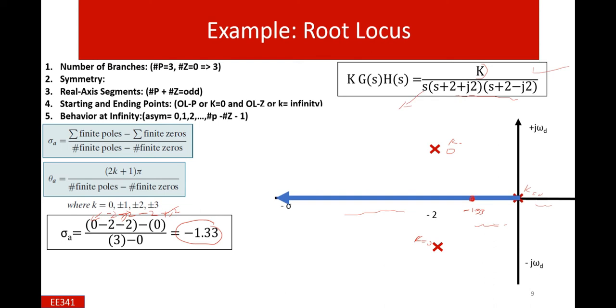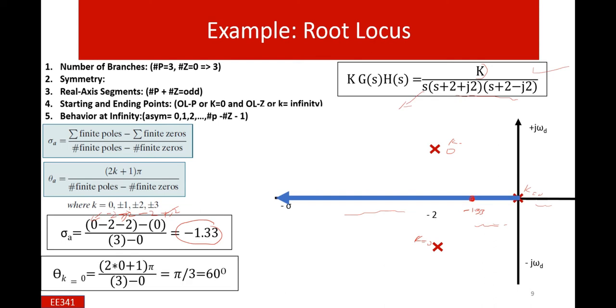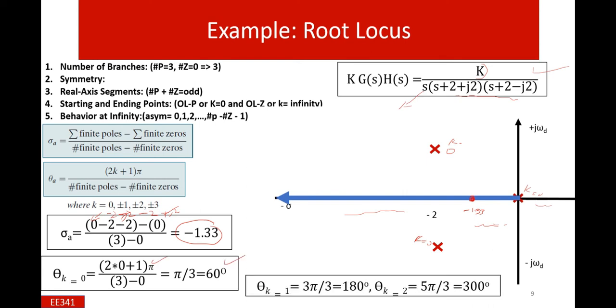And what are the angles? For k, k varies from 0 to 1 and 2. There are 3 values of k. So for k equal to 0 the angle is pi divided by 3, so the angle is 60 degrees, and for the next value of k the angle is 180 degrees, and for the third value the angle is 300 degrees.